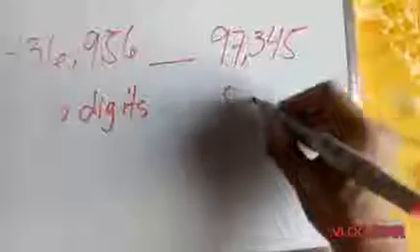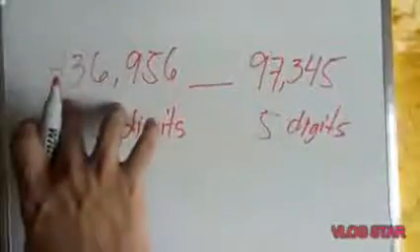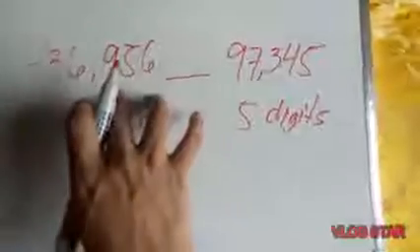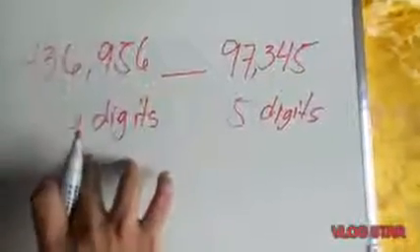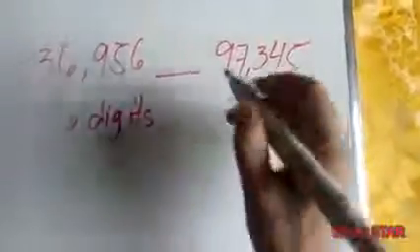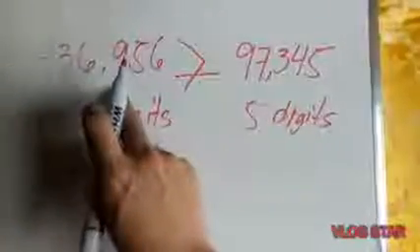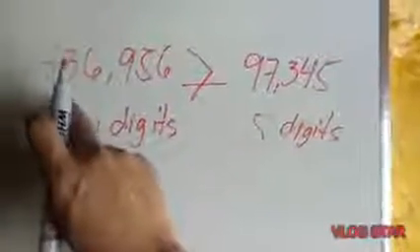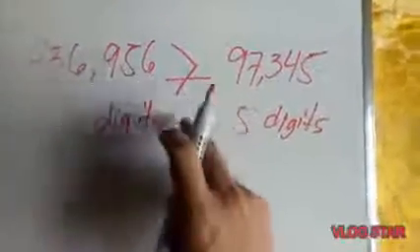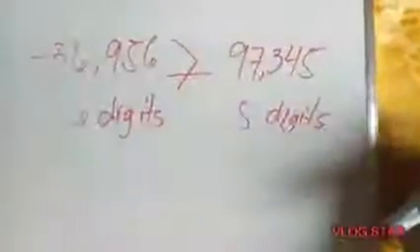There are 5 digits. So since 436,956 has more digits compared to 97,345, the sign would be greater than. 436,956 is greater than 97,345.